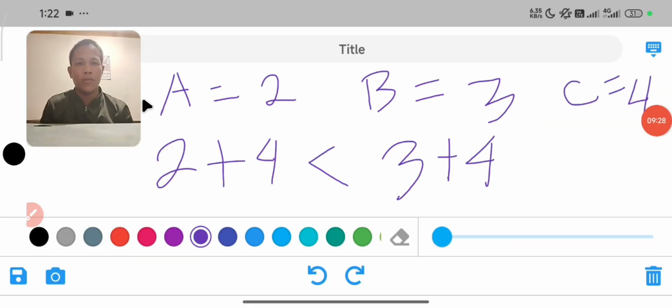When A is equal to 2, B is equal to 3, and C is equal to 4, then 2 plus 4 is 6 and 3 plus 4 is 7. It satisfies that if A is less than B, then A plus C is less than B plus C. So that is true for any real number.